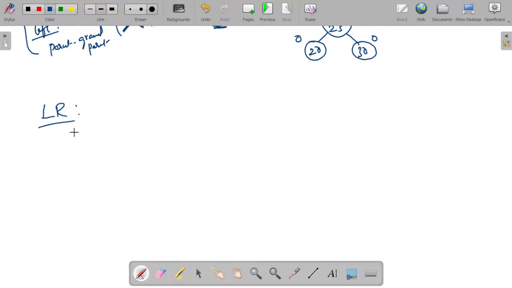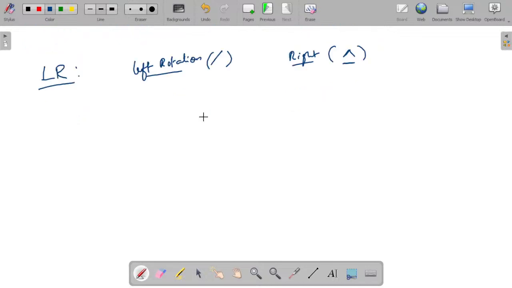So here first we have to perform a left rotation and then we should perform right rotation. Our focus is to get the tree into this structure after performing left rotation, and after getting into this structure, we are going to get the tree into this structure after performing right rotation.